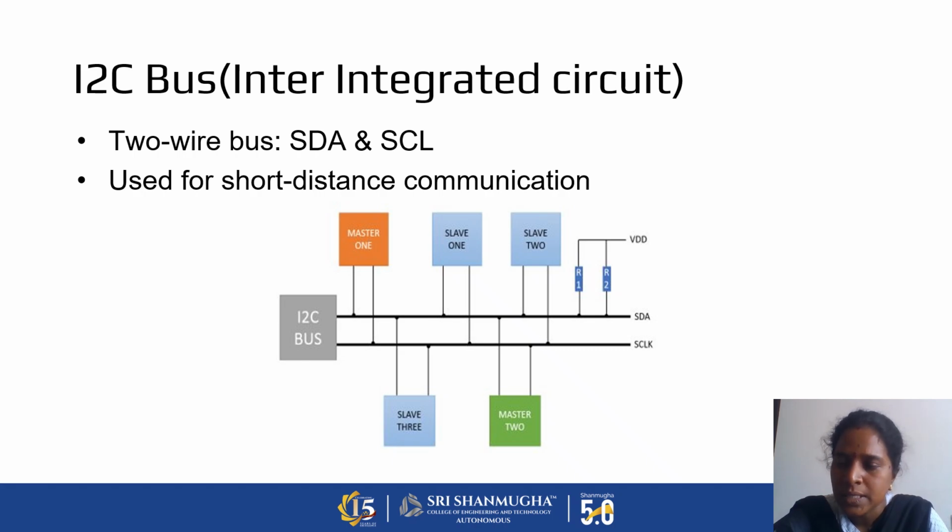It is used for short distance communication. Here I show how the data is transmitted by the use of the two wire buses, serial data and serial clock. It has one master and one slave communicating through the I squared C bus.